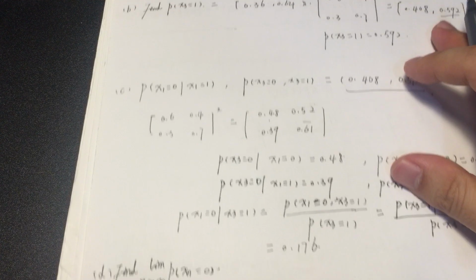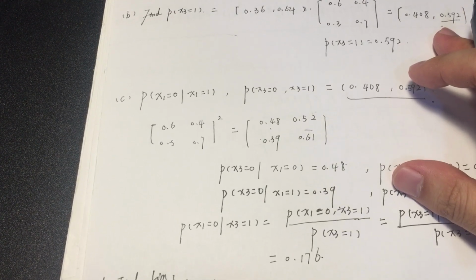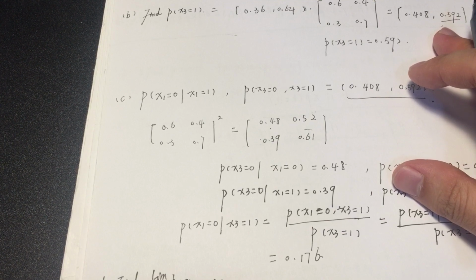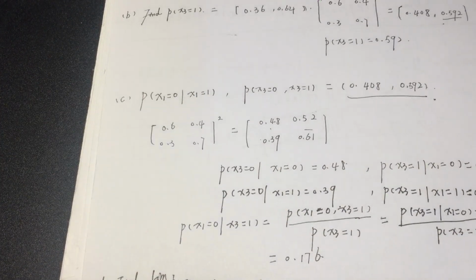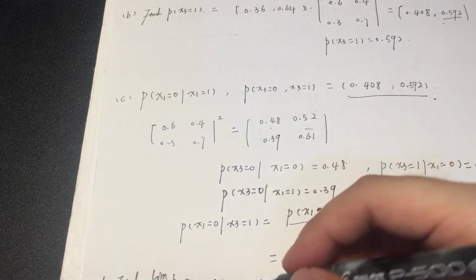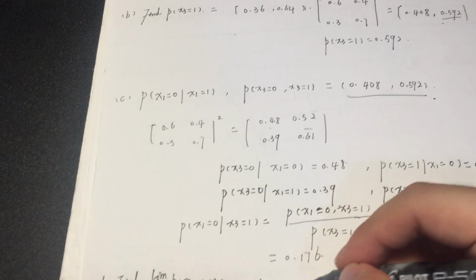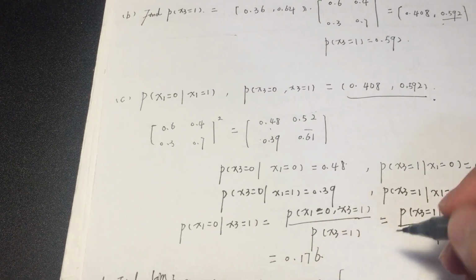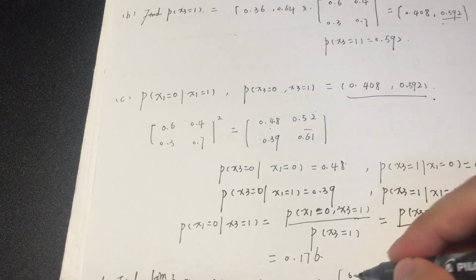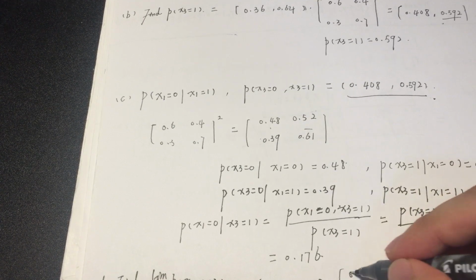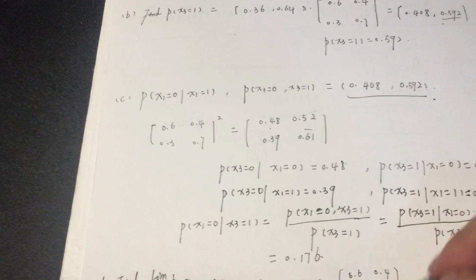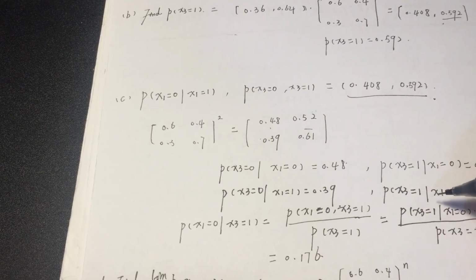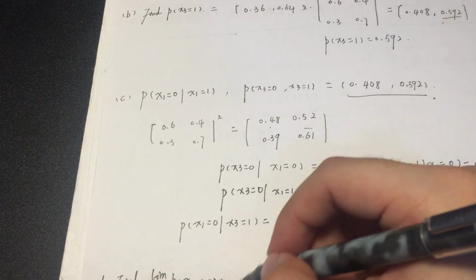This question uses the probability of x1 multiplied by the transformation matrix raised to the power n, right?